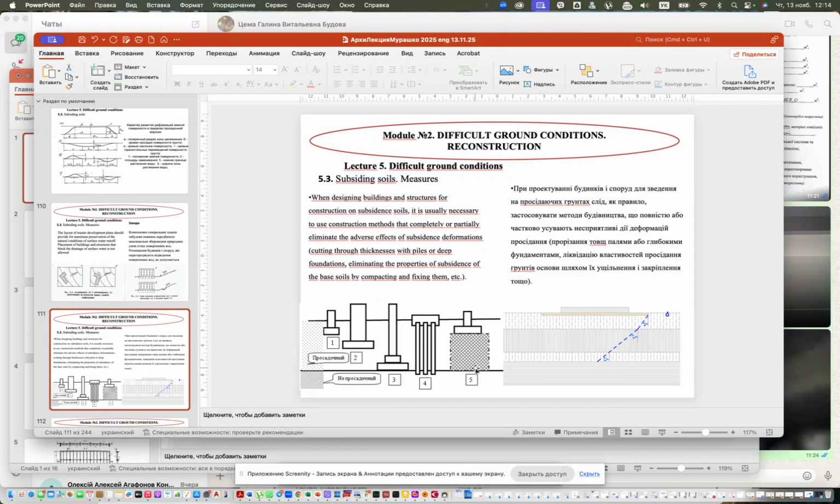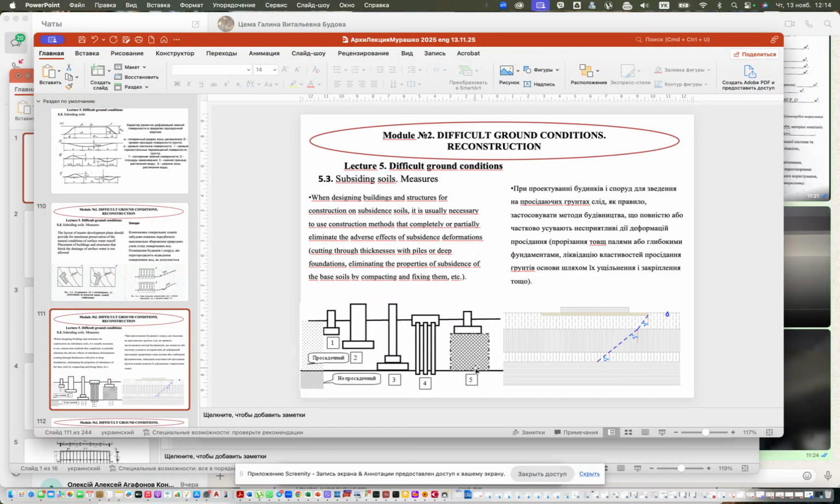It's like throwing a big heavy metal element on the ground with a special crane which can move it up and throw it down. When this heavy metal element falls on the ground, it leads to compaction of the ground, and the compaction will make our subsiding soil unsubsiding.